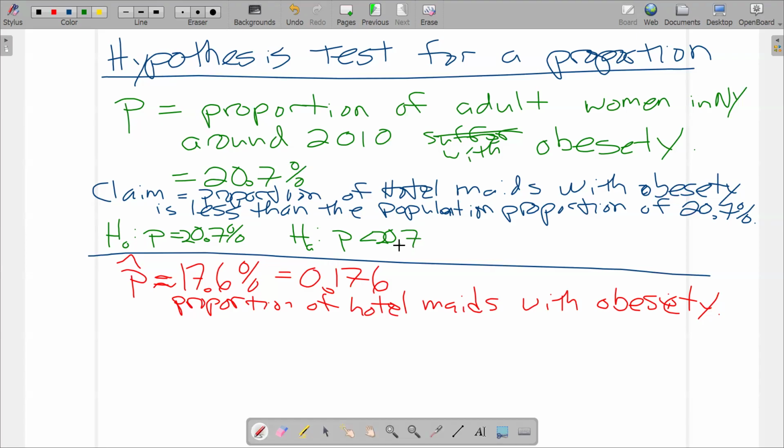But since I started writing it this way, I'm just going to leave it as a percent. And I'm going to go with the standard alpha significance level of 5%. Okay, so I have my claims, I have definitions of what the population parameter is, and I have information about my sample. So we're ready to run StatKey and do the test.